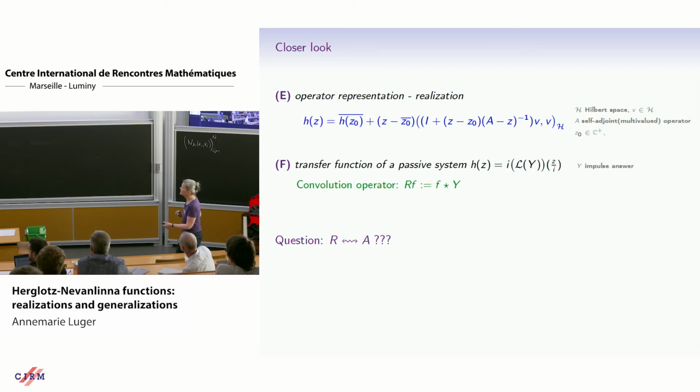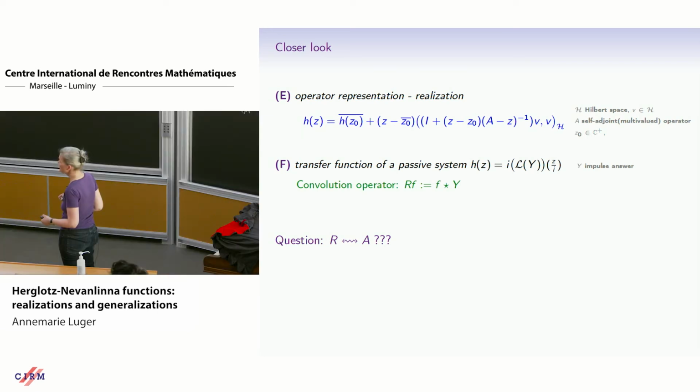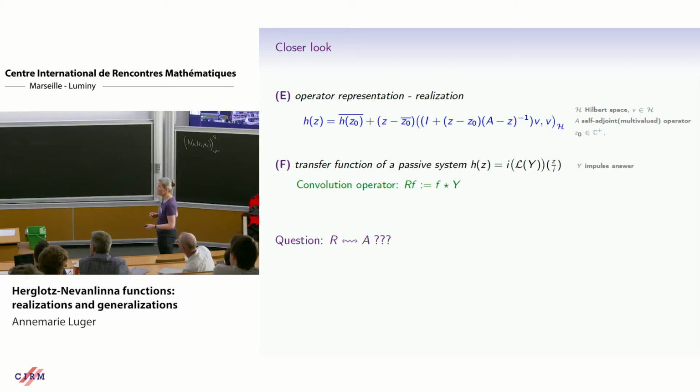Maybe one word on the operator representation. If we look at the examples over here, the operator representation is very simple. This is just a one-dimensional space. Okay. Here, the measure is a Lebesgue measure, and we could use this construction that I have just told you. But here, it is maybe a little bit more interesting, because if you look at this, you would think rational function, one-dimensional representation.